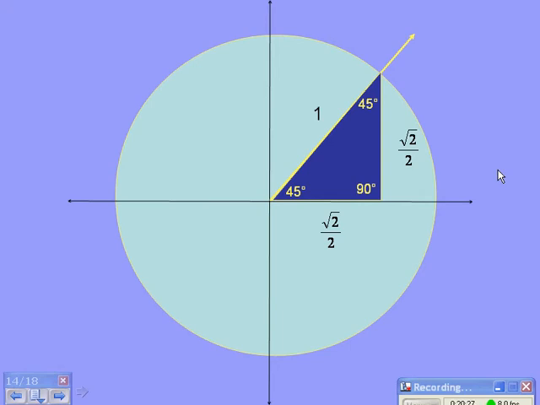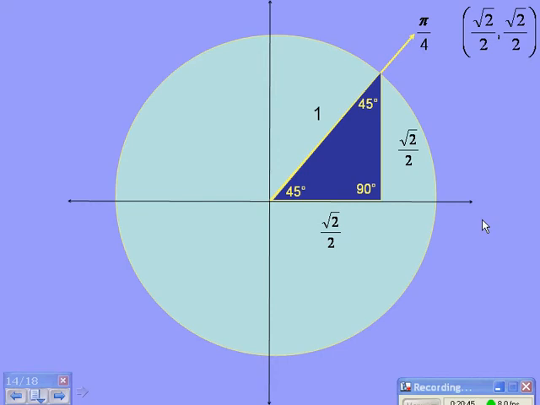So what would the ordered, this is pi over 4 now, what would the ordered pair be? It'd be root 2 over 2 comma root 2 over 2. Okay? The x and the y values are the same.